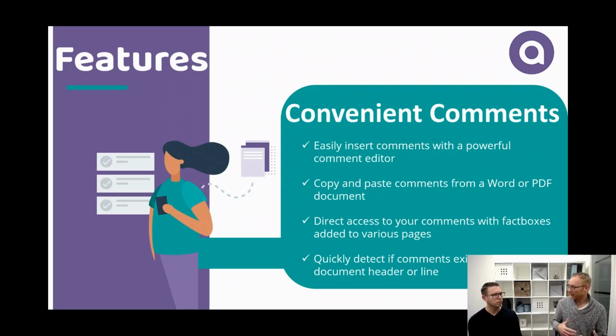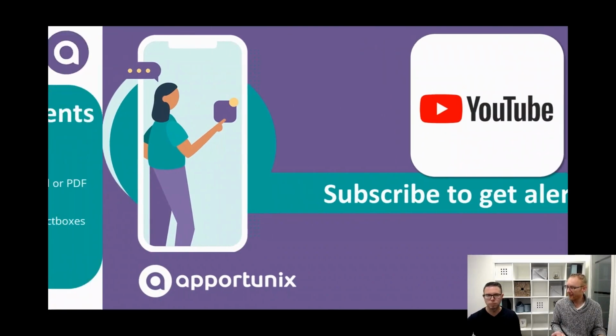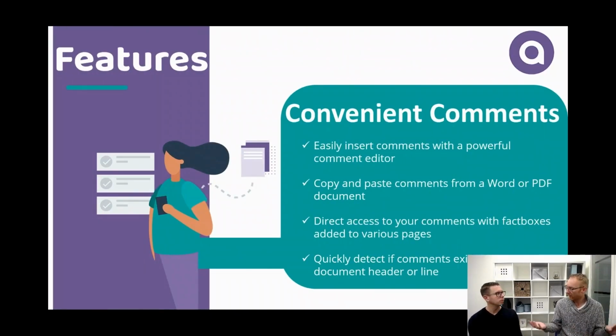So what we have done is we added fact boxes so that you can see the data next to the record, and you don't have to click away or use your mouse. And we made it a lot easier to edit the data. We have what we call a comment editor, a kind of notepad where you can just keep on entering data.